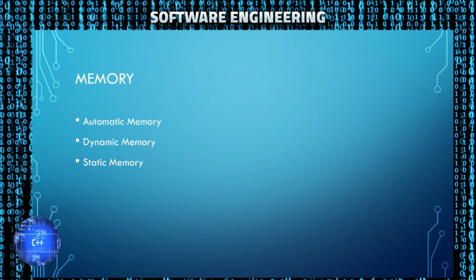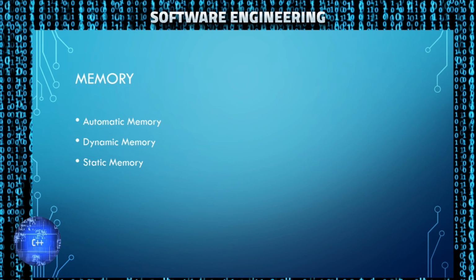I'm going to introduce all 3 types of memory that C++ supports. We aren't going to go into a whole lot of detail on the last one right now. There are 3 types of memory: automatic, dynamic, and static. Automatic memory is what we've seen so far, where you declare a variable. Its scope is limited to whatever scope you've specified. So if it's in main, it's only in main. If it's in a function, it's only in that function.